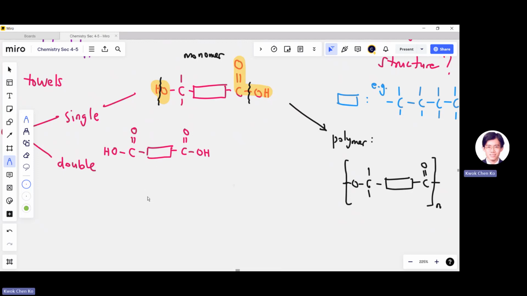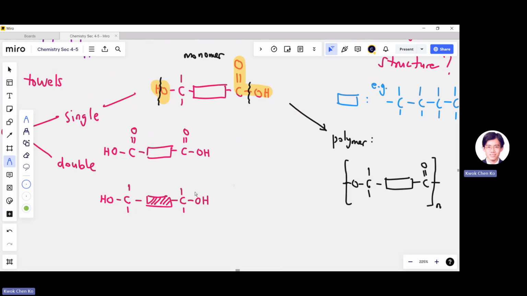Then I have another one. You notice they're like mirror images? Why? Because I want to indicate that these two are different. They are not the same.